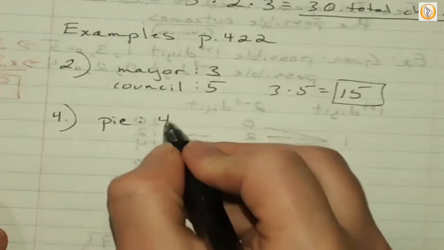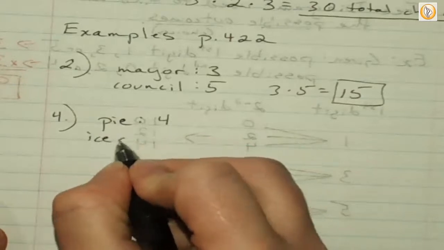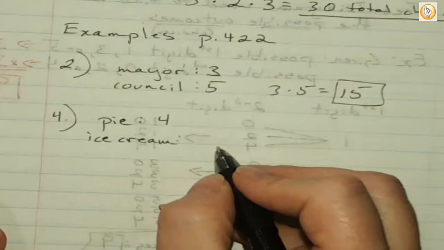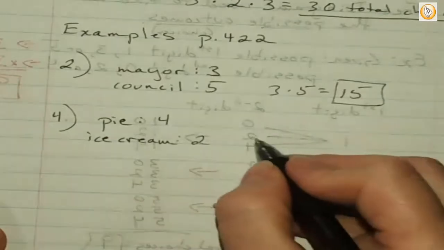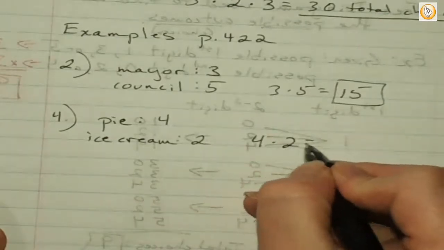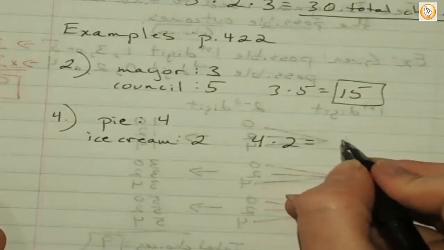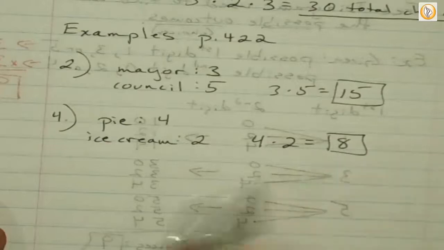How many choices of ice cream do you have? 2. So 4 times 2 is? 8. Very good.